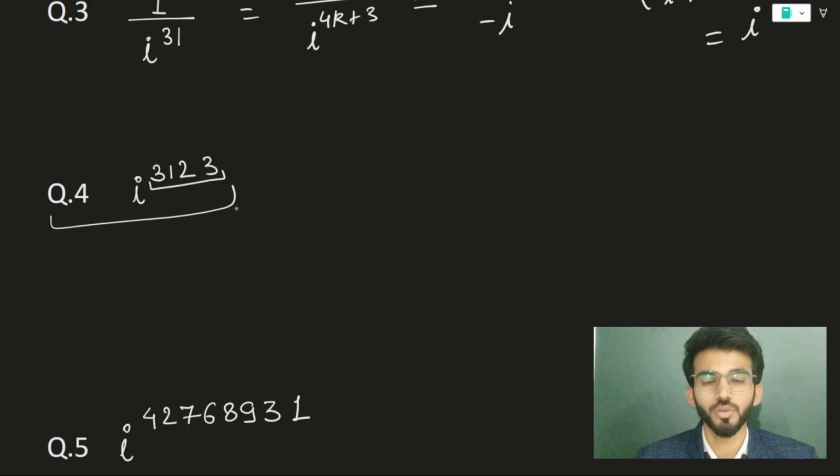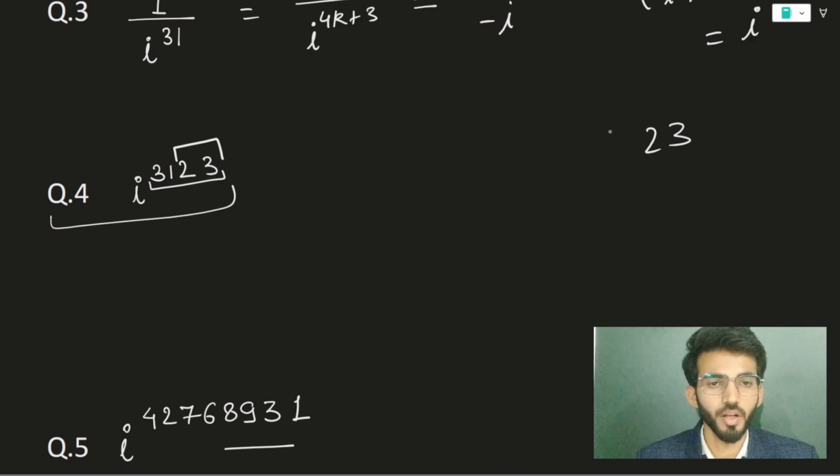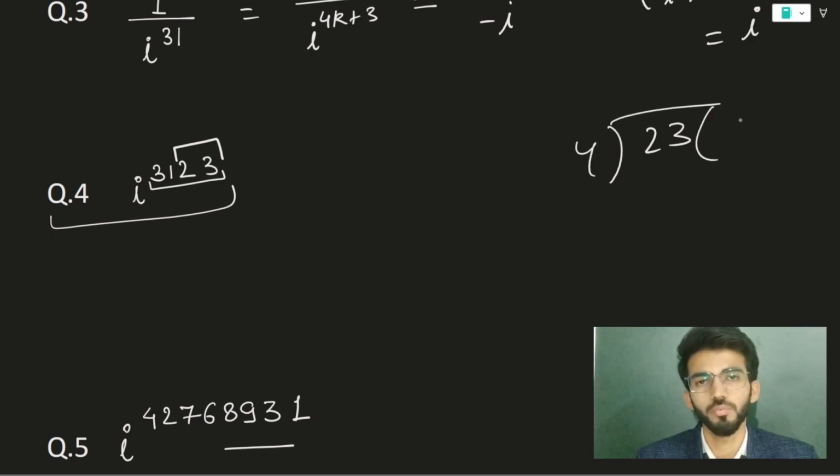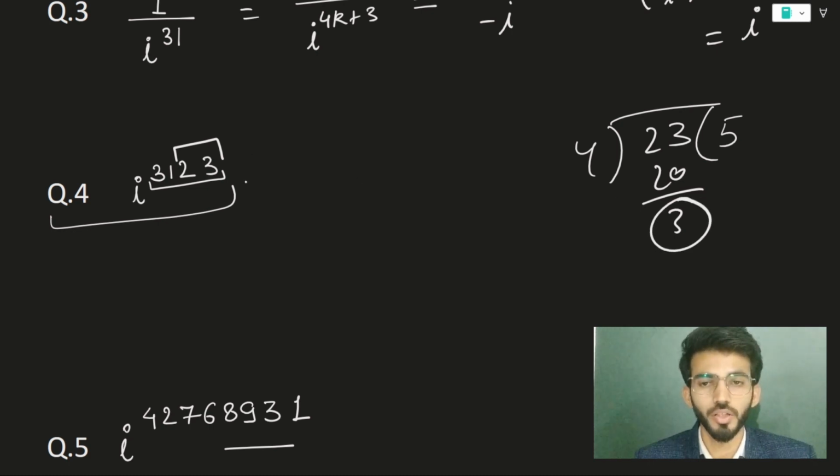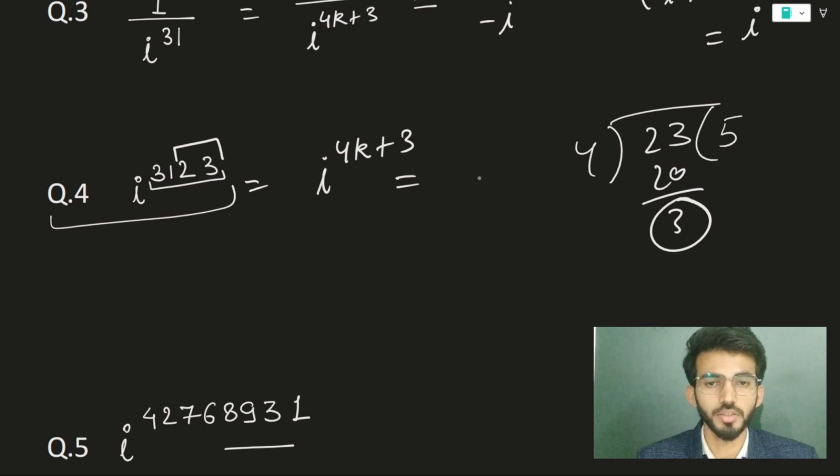We know that to check the divisibility by 4 and to find the remainder, we just need the last two digits of any number. So we will take the last two digits, 23, and divide by 4. 4 5s are 20 and the remainder is 3. So it's in the form of i to the power 4k plus 3, that is minus i. Got it? I hope it's clear. Next.